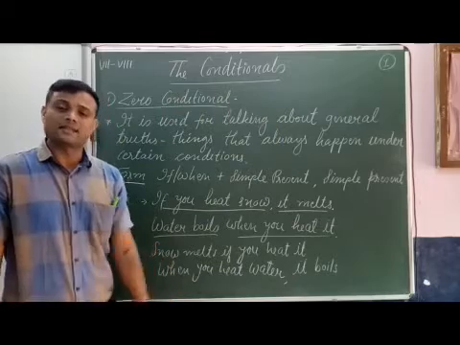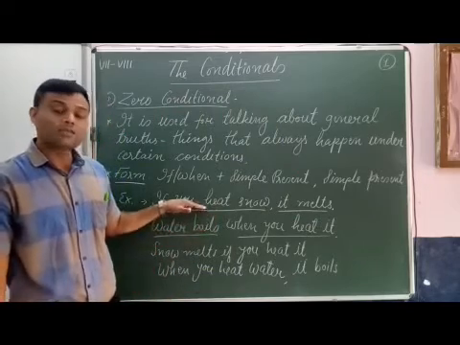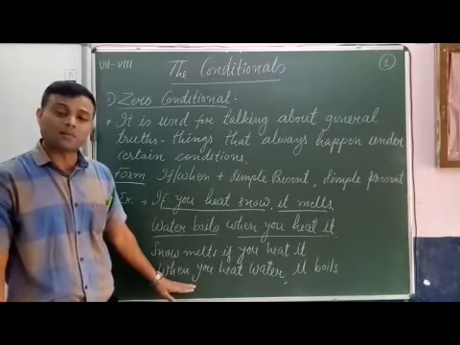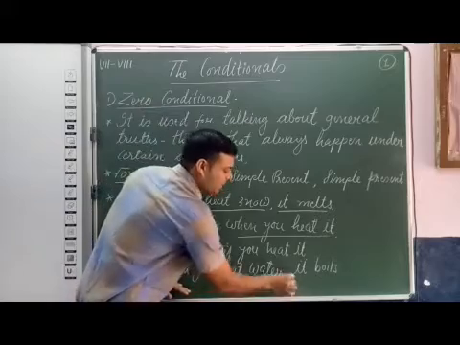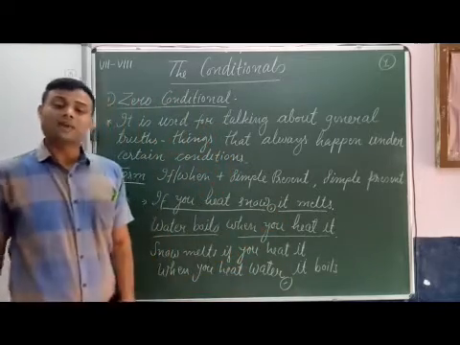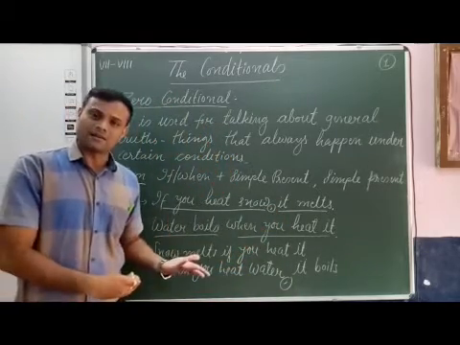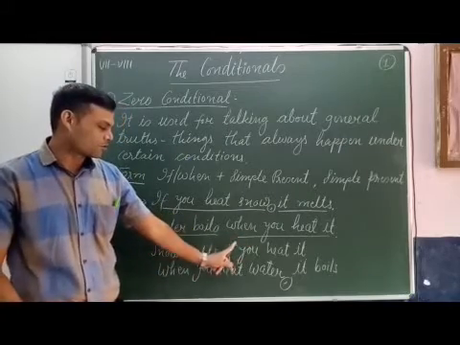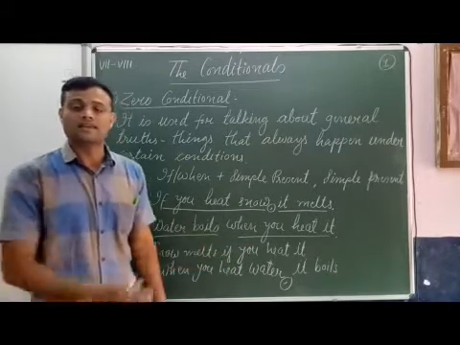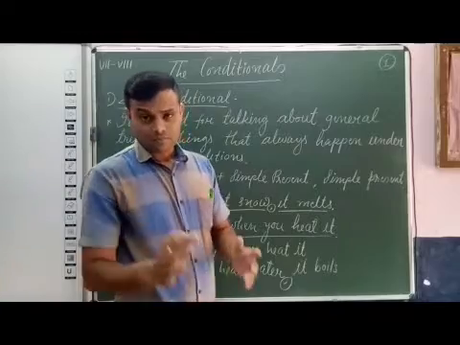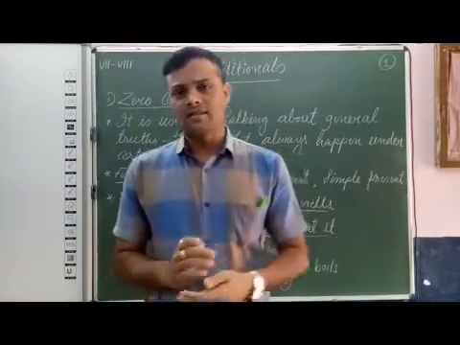You can clearly see the difference. When I have used the if clause and when clause at the beginning, I have used a comma. And when they are used second, that time I haven't used a comma. So this thing we have to remember in these four conditionals.